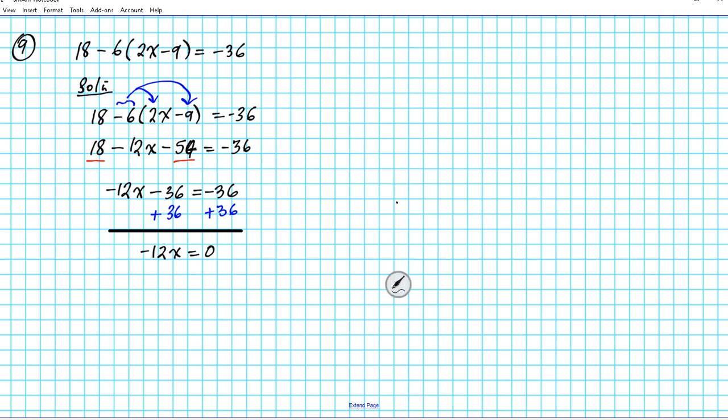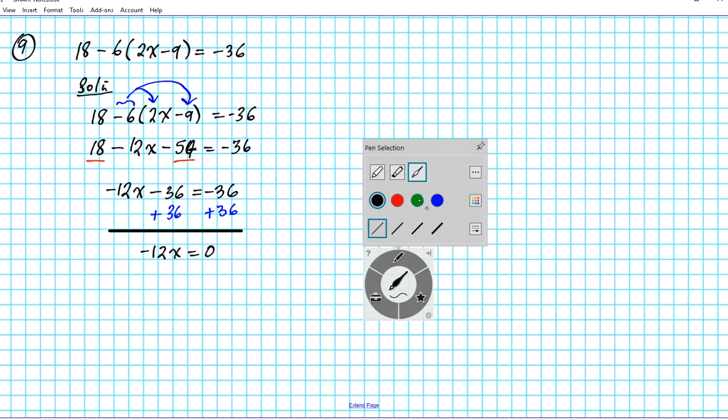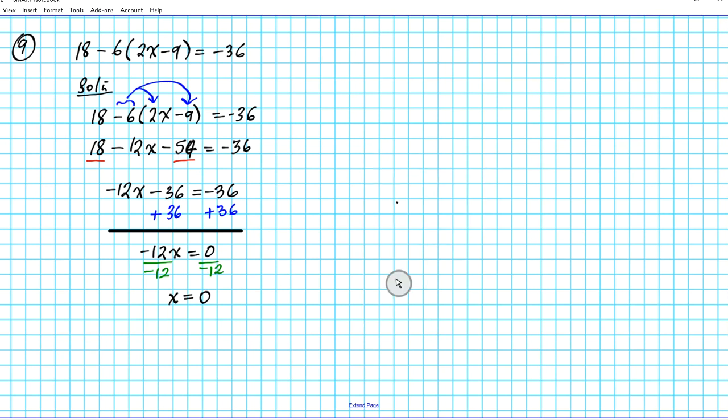To finish this off, we divide both sides by negative 12. Your final answer, x, is 0 divided by any non-zero number, which is just 0. So there goes your final answer for question number 9.